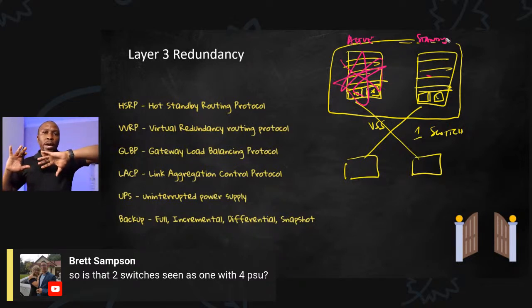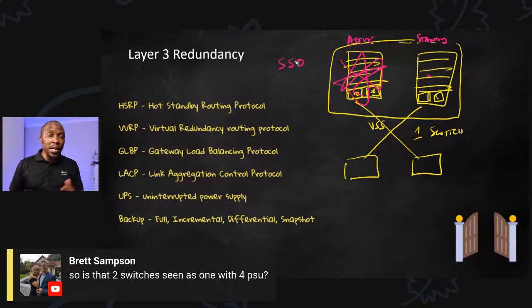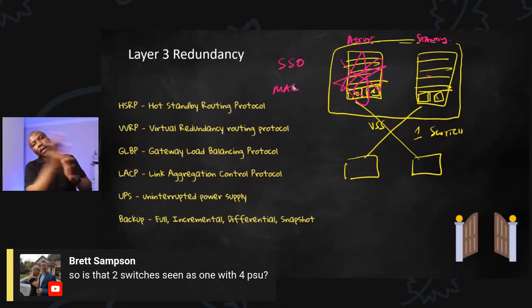So when the primary one fails, the other one continues, and they use a technology known as stateful switchover. With stateful switchover, it basically means that when the primary is running, the secondary is capturing everything. So it's got the MAC addresses, it's got everything that's happening. So when a failover takes place, it just automatically switches and then crosses over.